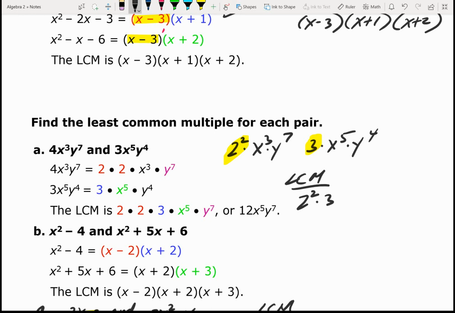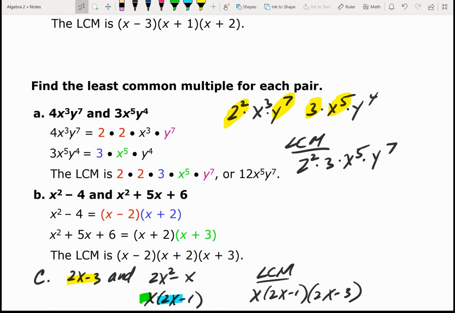And then the largest exponent I have for x is x to the 5th, so times x to the 5th. And then the largest exponent I have for y is y to the 7th. So my least common multiple then would be 2 squared is 4 times 3 is 12, x to the 5th, y to the 7th.